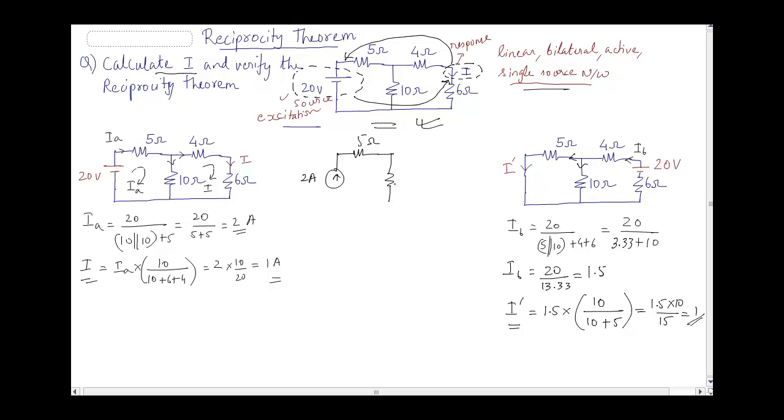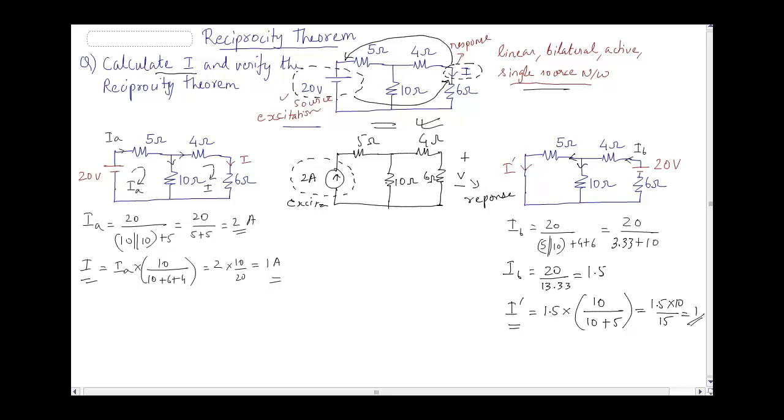Same circuit, I am not drawing anything else, I am drawing the same circuit, and 4 ohms, and like you can have I, but instead of I, suppose they will say calculate the voltage across this, so they will say plus minus V, and this is 6 ohms. So now in this case, this is going to be the source or the excitation, and this is going to be the response V. That is going to be the response.